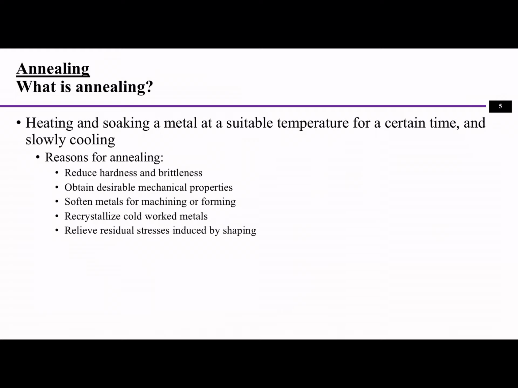In order to reduce them, we have to cool down at a slow pace. We can also use the annealing process to achieve the desired mechanical properties, for example to soften metals before machining or during forming, and also to release residual stresses caused by shaping.